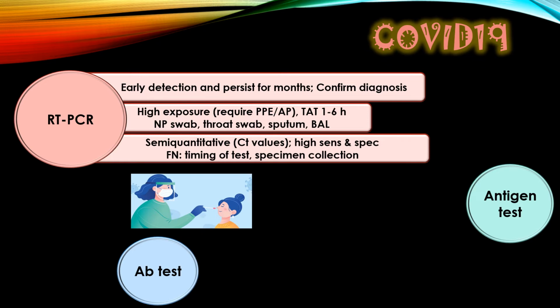When you collect a specimen for RT-PCR, a nasopharyngeal swab is required, so there is high exposure for the specimen collector and the patient. The specimen collector should use PPE promptly.